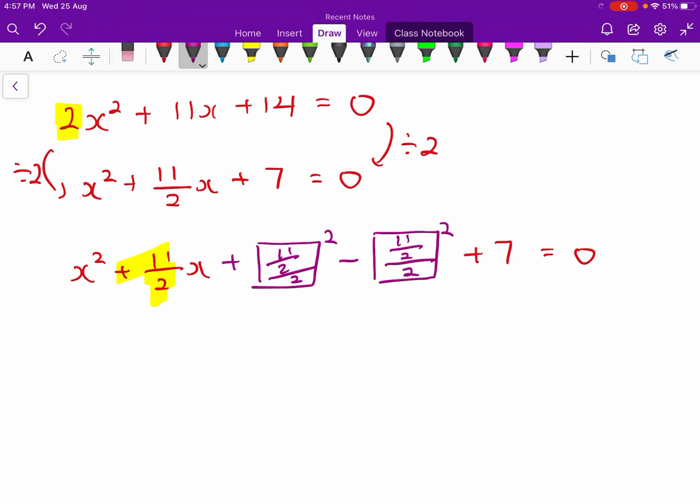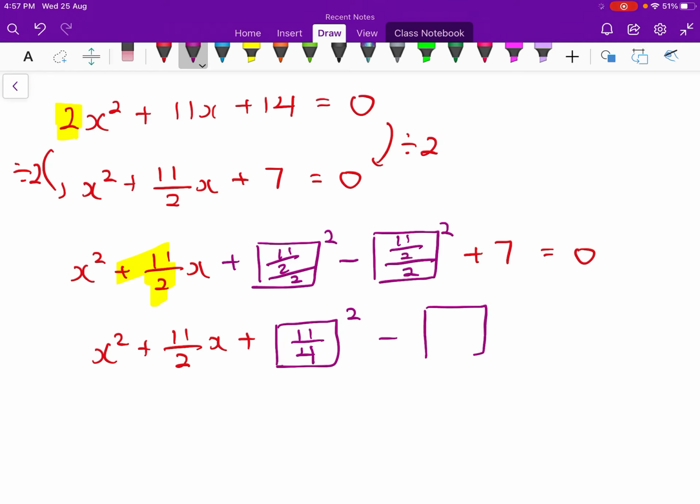Okay, so let's calculate. So x squared plus 11 over 2x, then plus whatever is inside this box, I don't square it yet. So it's 11 over 4. Then minus away 11 over 4, then you square, then we plus a 7 equal to 0.